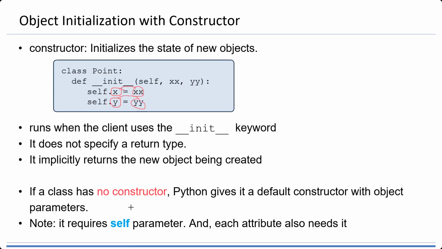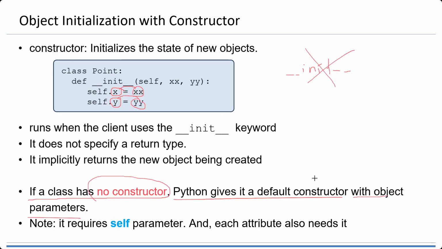If a class has no constructor, so if your class does not have any init, Python gives it a default constructor with object parameters.